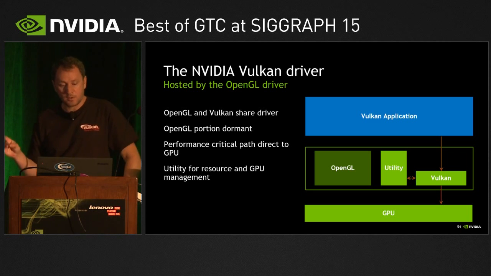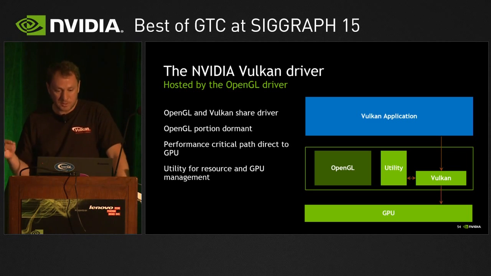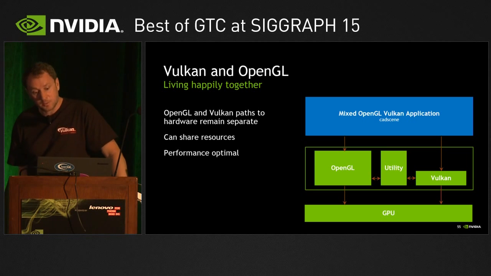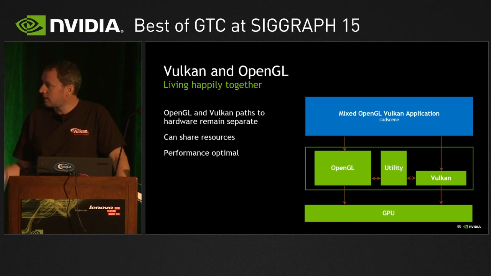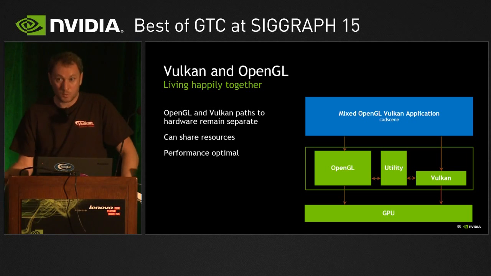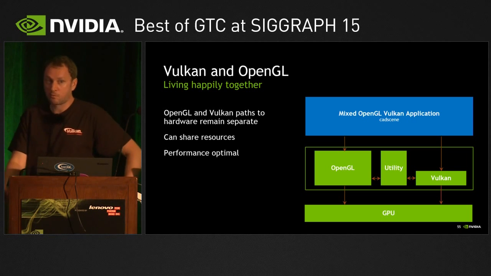However, if a Vulkan-only application is using just Vulkan, the OpenGL part of the driver is dormant, and they get full performance. And if they want to use OpenGL and Vulkan, they can. In fact, they can even share resources between them. However, it's important to note that if they're using OpenGL, it's not affected by Vulkan in terms of slowing it down in any way, and vice versa. So the Vulkan parts, even if they're using OpenGL as well as Vulkan, run at full speed.